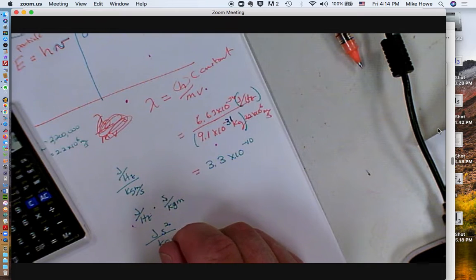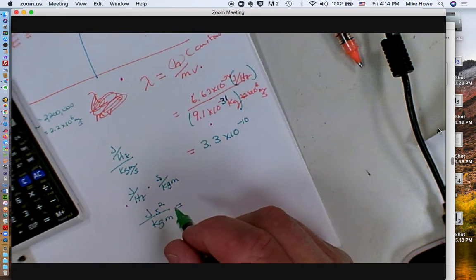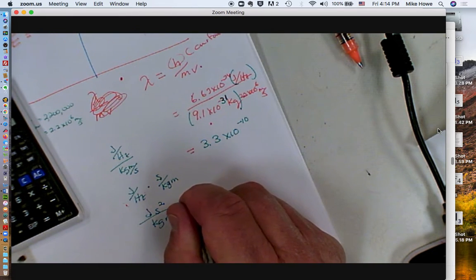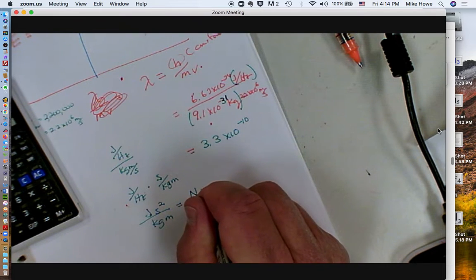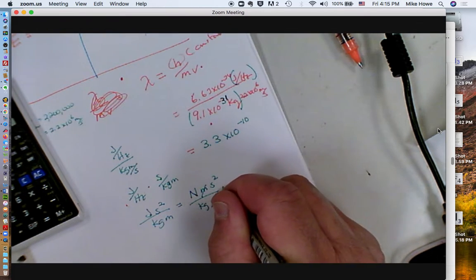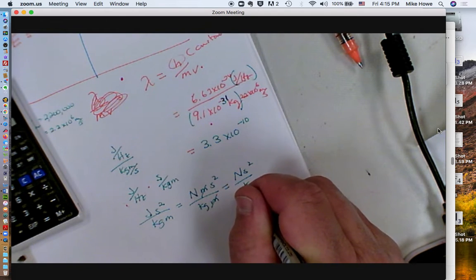Well, we know that a joule is a Newton meter because a joule is the unit of energy or work. So work is measured in force times distance, so it's a Newton meter. So we'd have a Newton meter second squared, and that'd be divided by kilogram meters, and look what happens, meters cancel. So now I have a Newton second squared over kilograms.